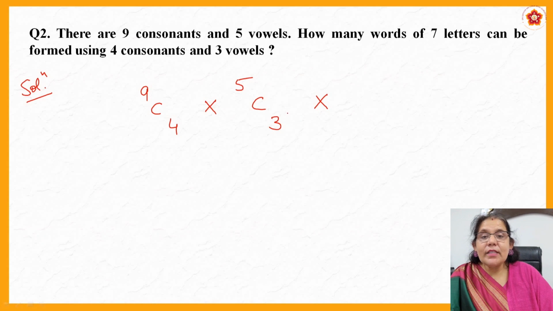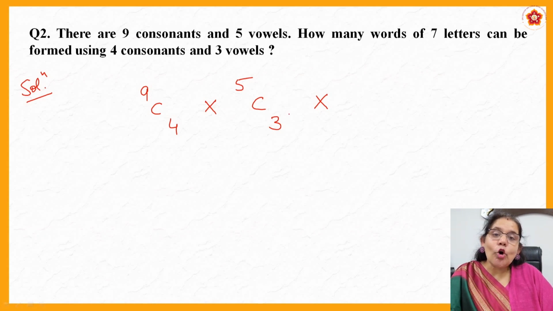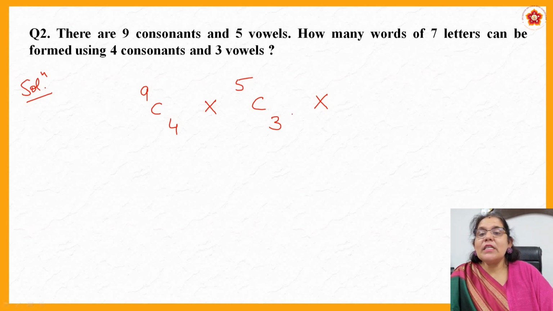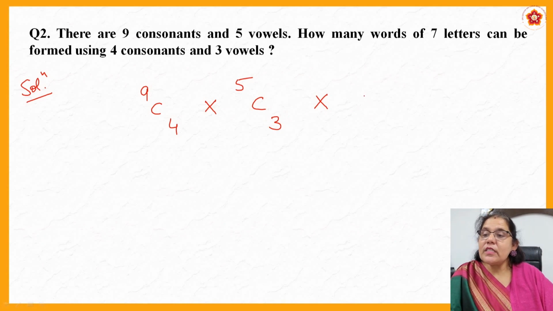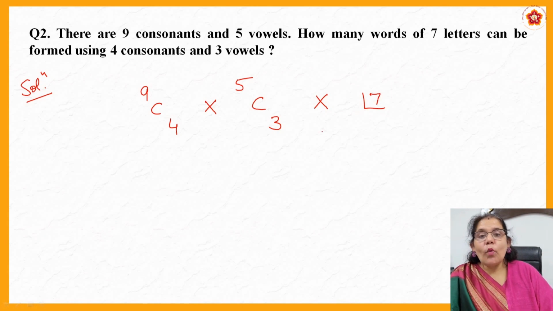They have not said whether the words which will be formed have any meaning or not. Only they have asked how many words of 7 letters can be formed. Now 7 letters we have. So these 7 letters can be arranged in factorial 7 ways. So this would be the required number of ways.